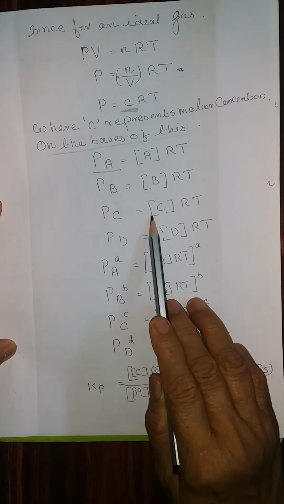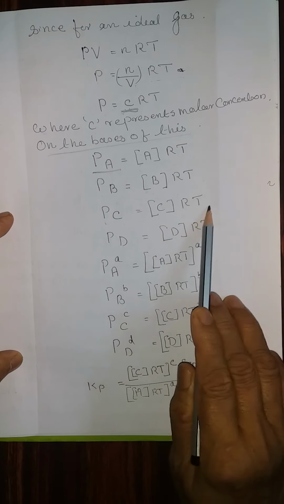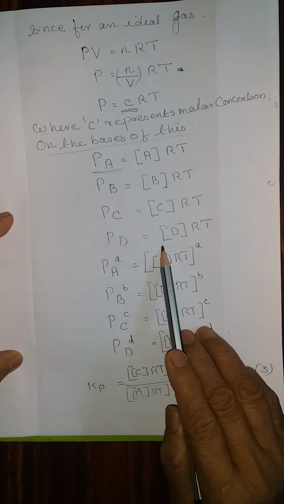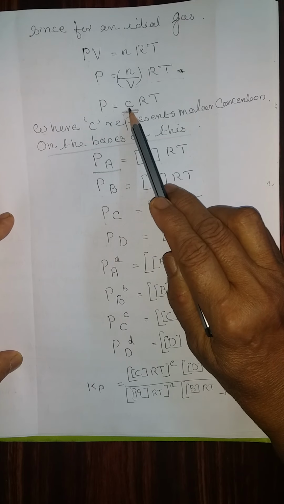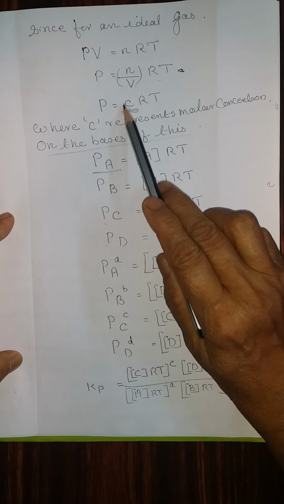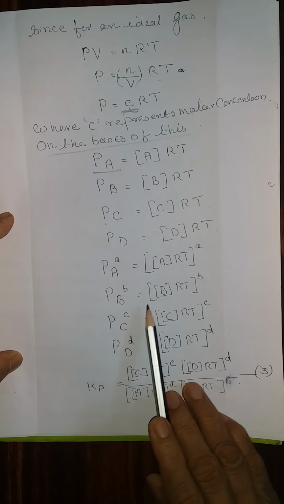PC means partial pressure is changed into concentration times RT. PD is equal to concentration of D times RT. That is, putting a square bracket represents its concentration.